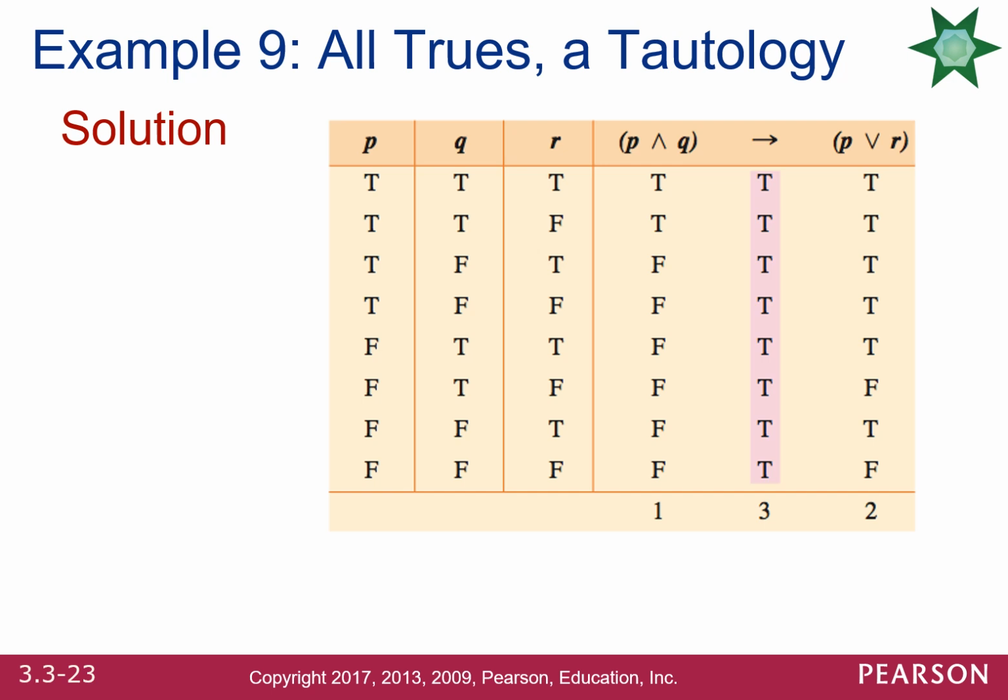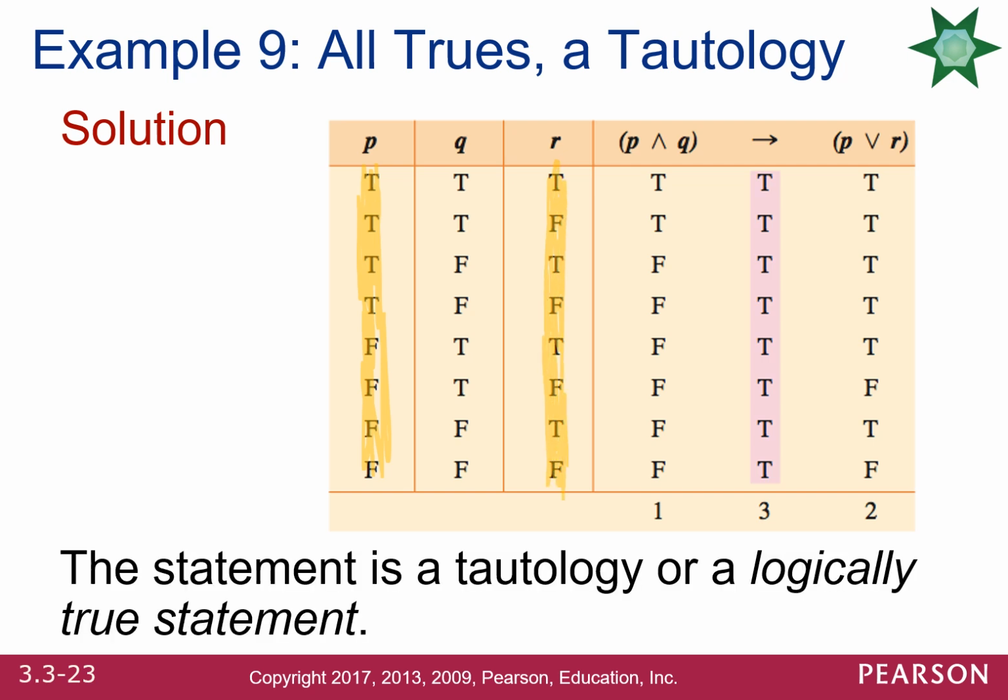The next one is resolving P or Q, the other bracket. This time we are comparing P or Q, so I'm going to highlight those two, this column and this column. This is an or. For an or statement, the only time you get false is when both the statements are false.